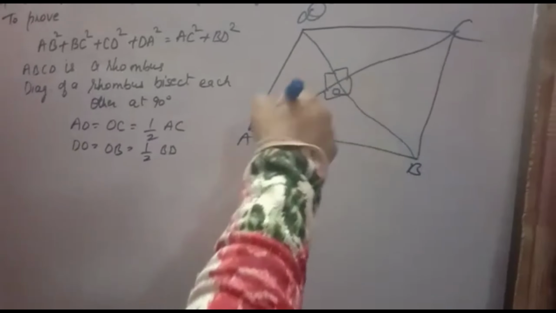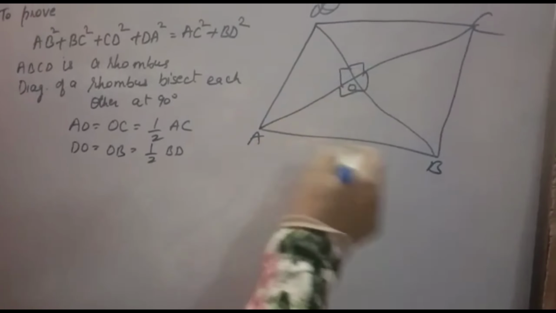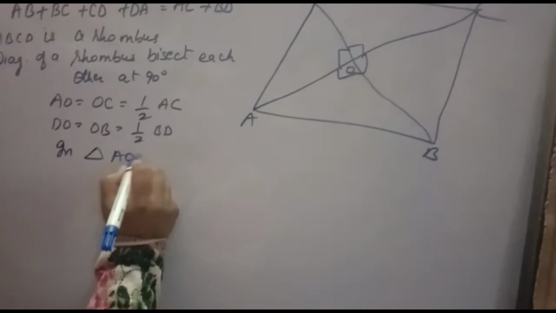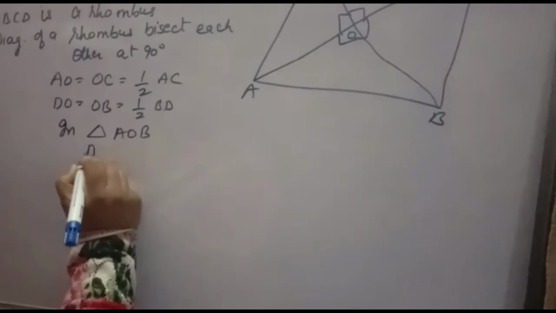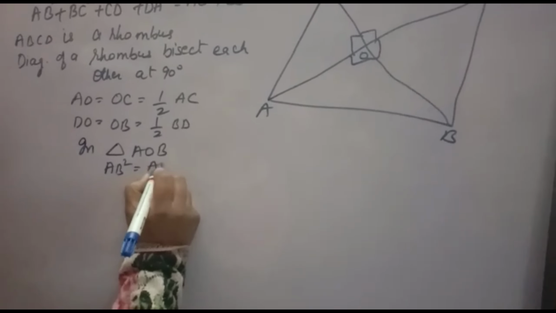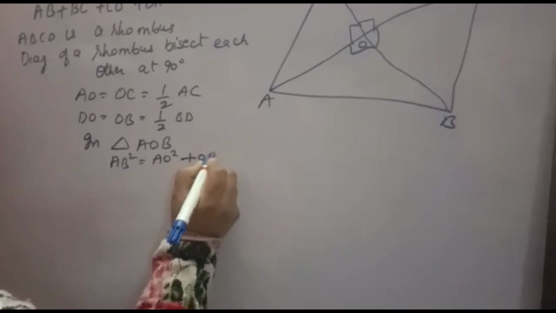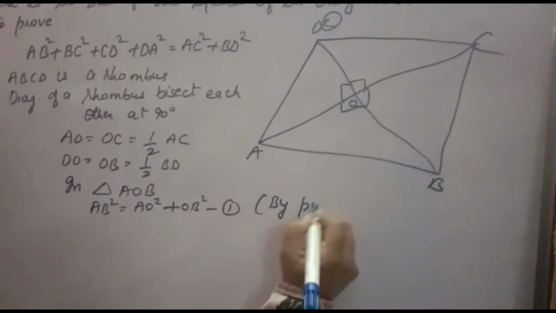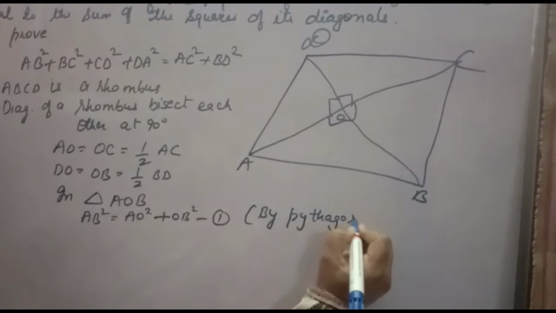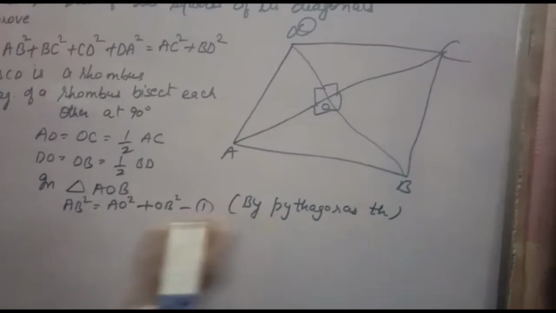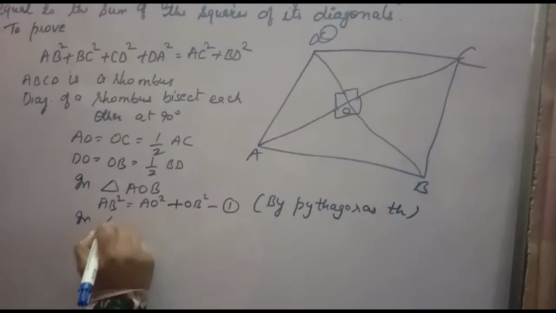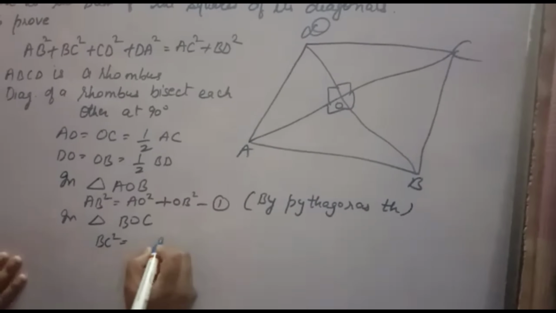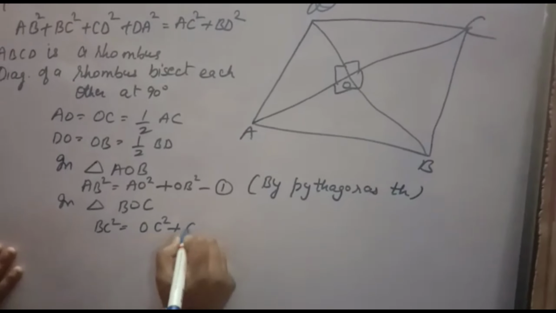Now each angle is 90 degrees, so you can apply the Pythagoras theorem. In triangle AOB, AB square will be equal to AO square plus OB square, first equation, by Pythagoras theorem. Similarly, in triangle BOC, BC square is equal to OC square plus OB square.